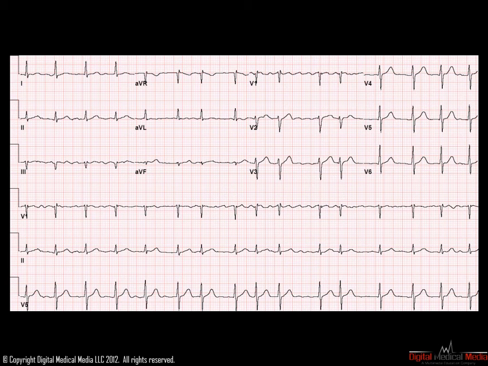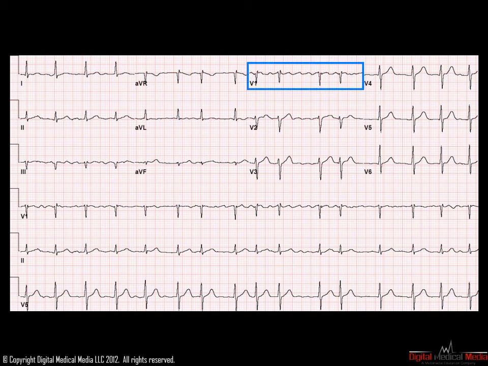So the heart rate across this ECG appears to be in the high 90s. We then look for the rhythm. The highly variable heart rate should indicate that this is probably atrial fibrillation. Really, all we need to do here is to confirm that that is the correct rhythm interpretation. As we look for one P wave in front of each QRS, we see that that does not hold true.